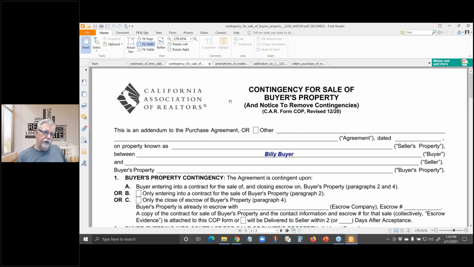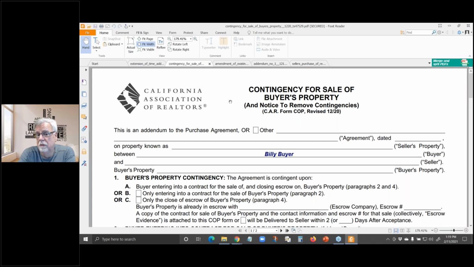So you can only really be looking at properties that have been on the market for a long time, right? So you don't get as good of a property. You're going to have to pay more for the property, and you're going to get less when you sell your property.